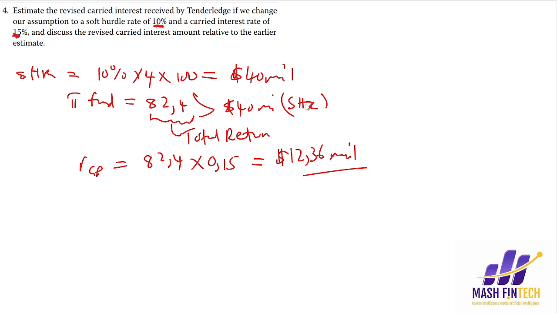Alternatively, you are going to consider the catch up, the hurdle rate, like we said. So alternatively, if we use the hurdle rate, the hurdle is going to be 40 million.